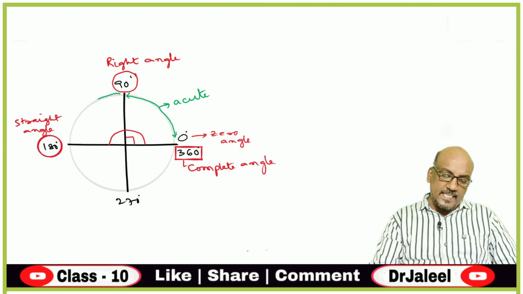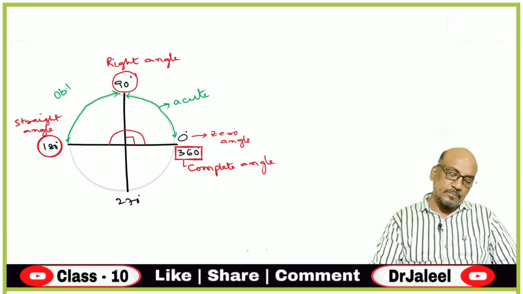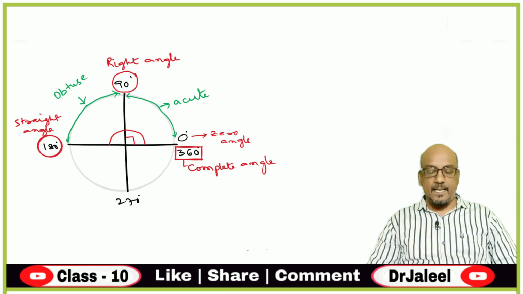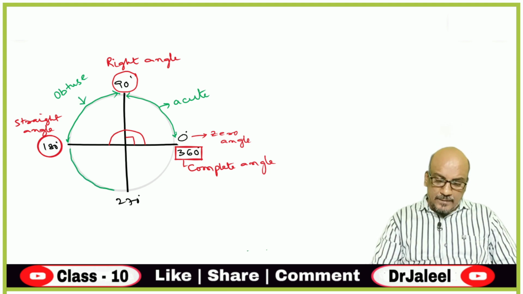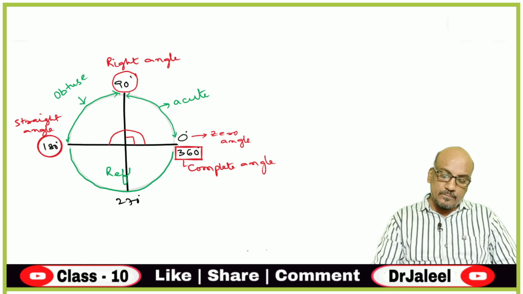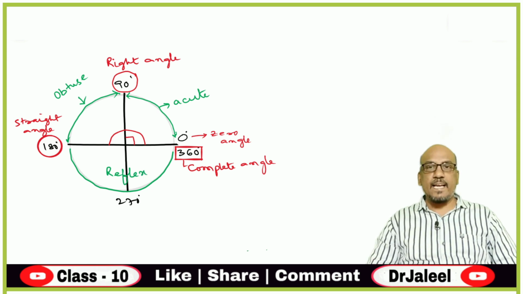And if the angle is between 90 and 180, then we call it as obtuse angle. And when the angle is between 180 to 360, we call it as reflex angle. Hope you have understood about it.